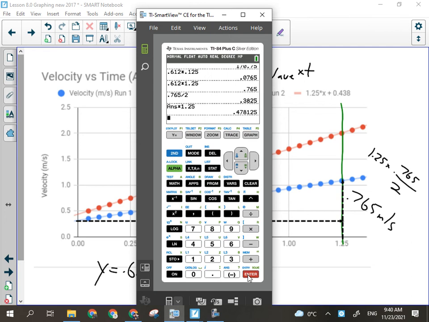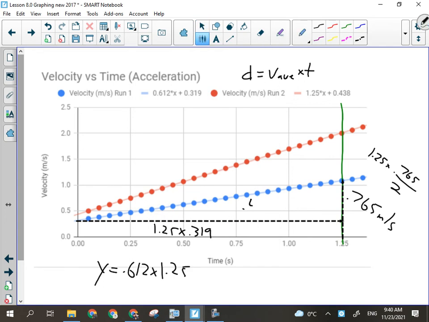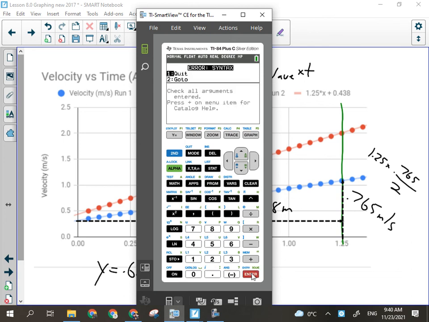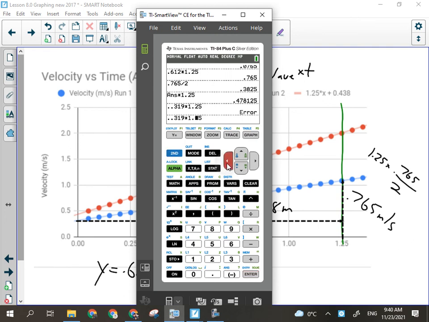Okay, so this is 0.478 meters. And then the bottom one, 0.319 we said, right? Two decimal places, that's fine.